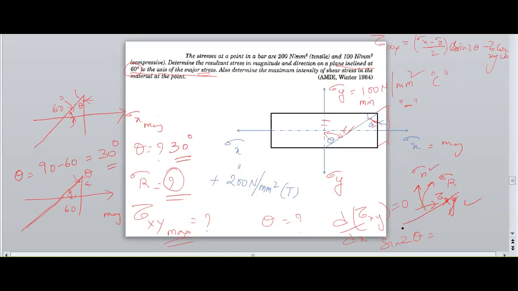In this equation, I need to find the sin 2 theta and cos 2 theta and substitute them again, and I need to derive an equation. The equation derivation will be similar to the maximum principal stress.